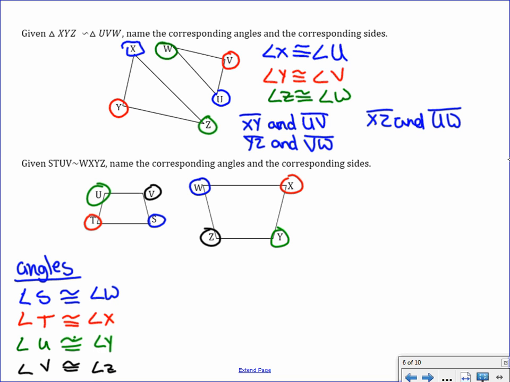When looking at the sides, ST is similar. In other words, it's in the same spot as WX.